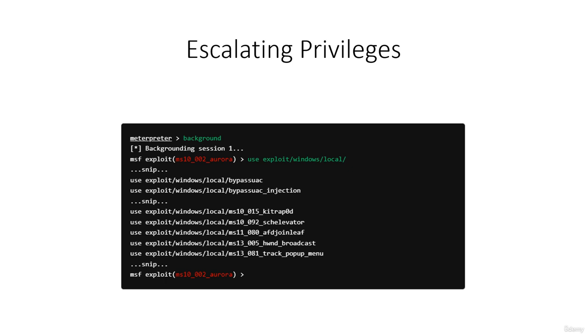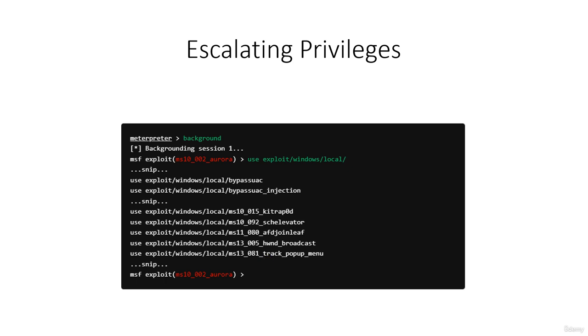Our example box is a 32-bit machine, which is listed as one of the vulnerable targets. As you can see, this is our system. Session 1 is running, and this is selected as a target for the vulnerability.